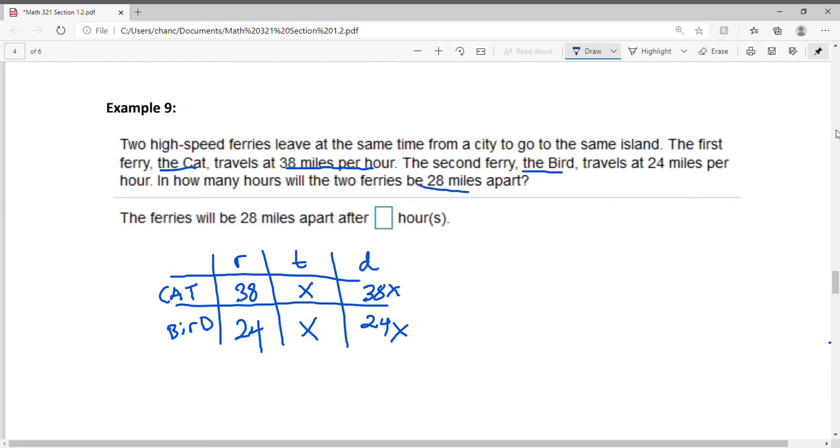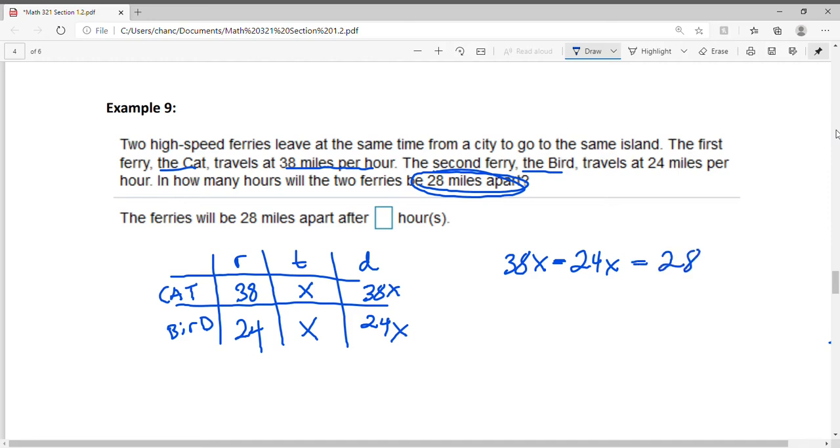So we'll set up an equation. Remember, we want to know when the distance is 28 miles apart. So we're going to take 38x and subtract 24x from it to find out when they are 28 miles apart.